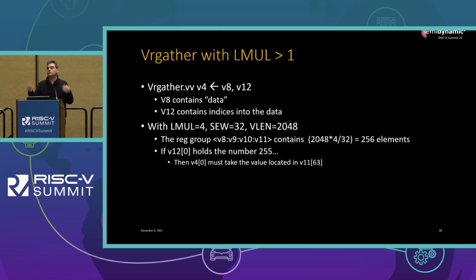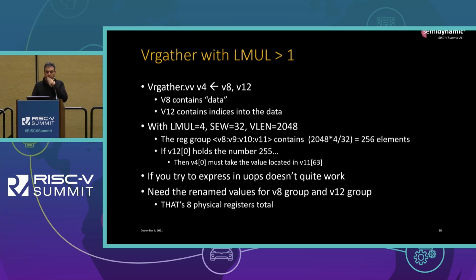So the first micro-op that arrives into the execution unit could want the last element of this gigantic vector. That's a problem, because then the first UOP that arrives to your unit needs all the sources renamed. So again, it's one of those problems where the UOP needs lots of sources, and you have to deal with that.